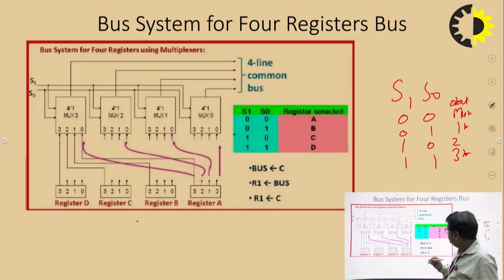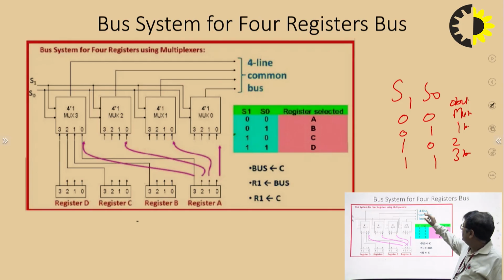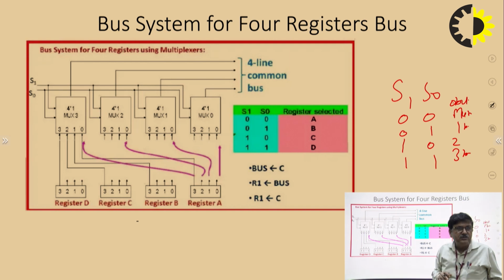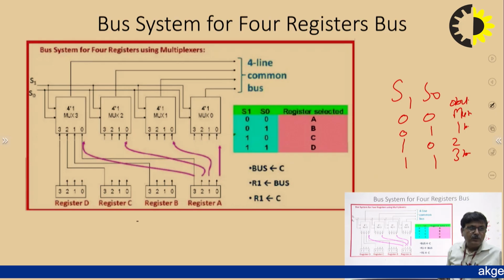In this way, when the selection lines S1 and S0 are 0 0, all the data residing in register A is transferred onto the 4-bit common bus.